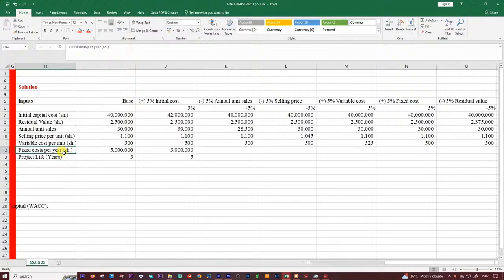The fixed cost per year, we are saying is going to be 5 million with the exception of the fixed cost component.